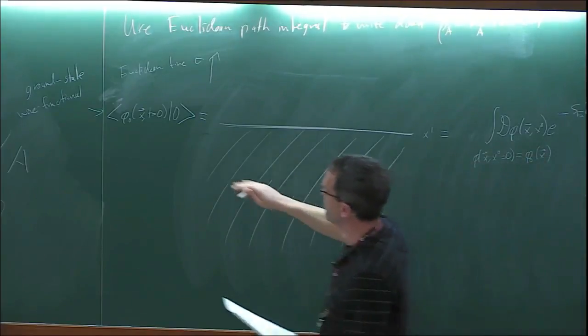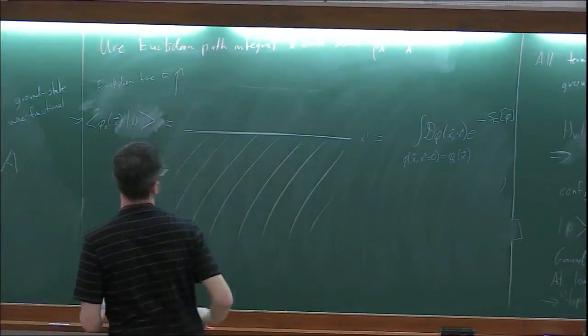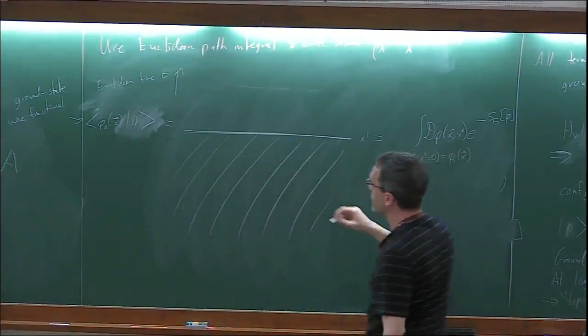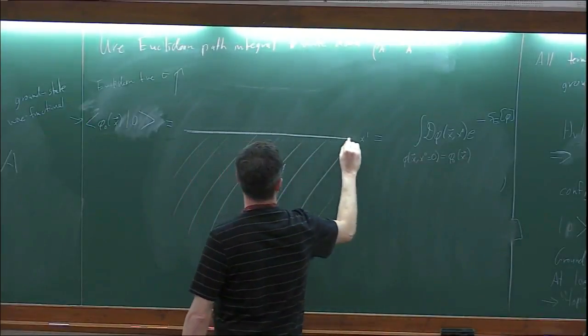So I have a boundary condition where for any phi naught, my field takes some definite value.